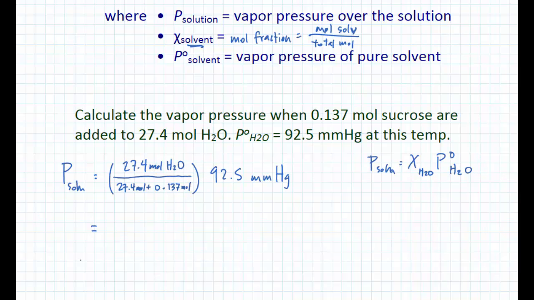Did anybody divide out the mole fraction separate? What'd you get for that? 0.995. Yep. So it's essentially 0.995.